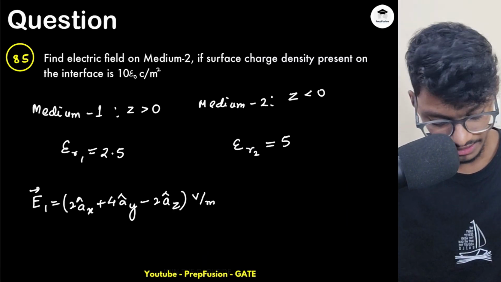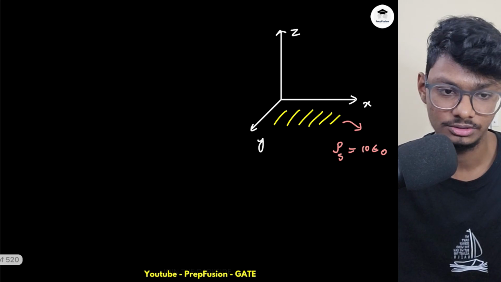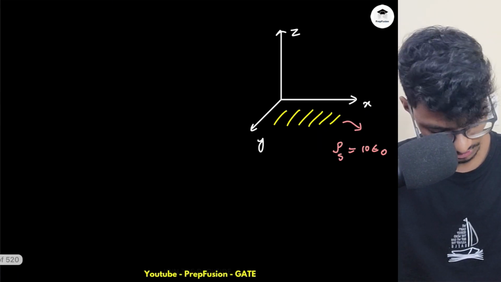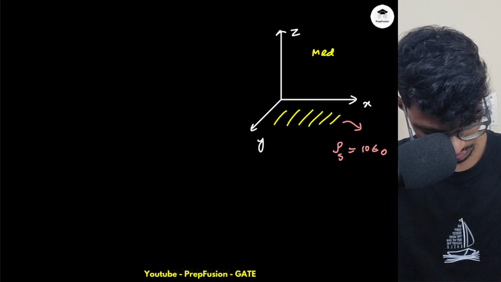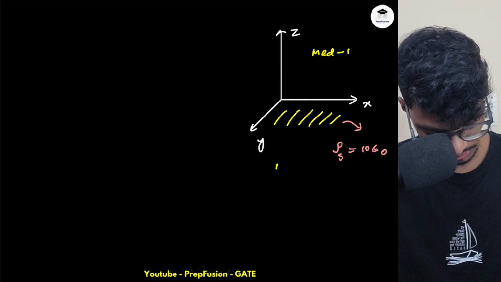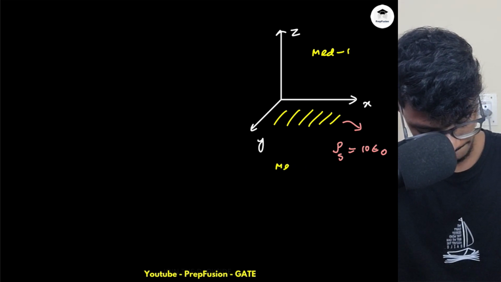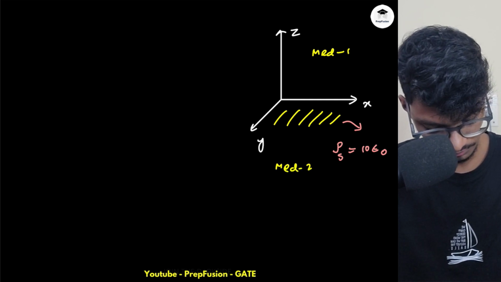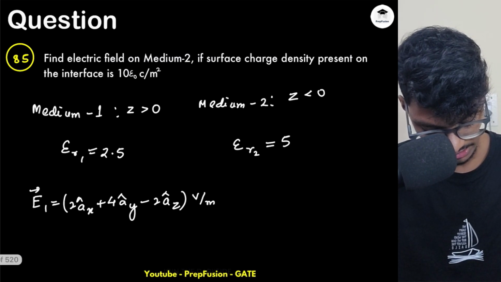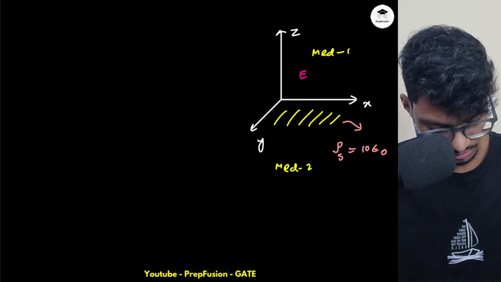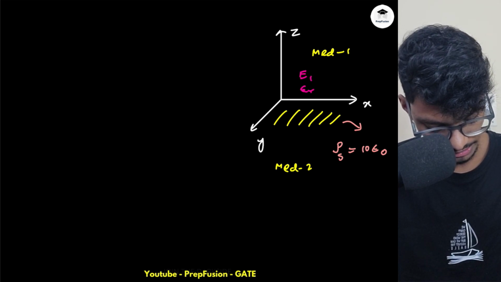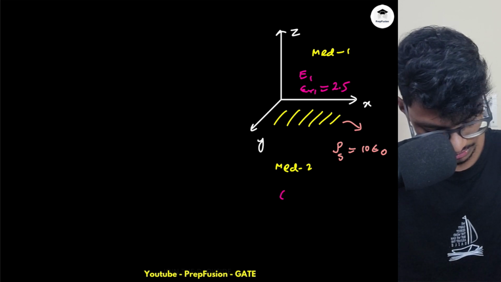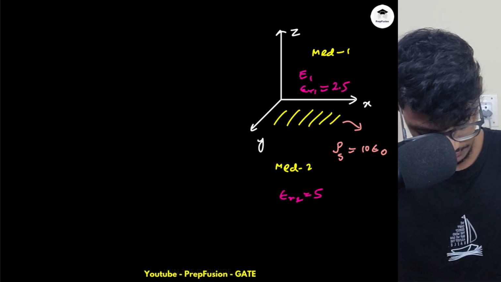Now what I have to do? You just be a bit cautious, and solve it by yourself. z greater than 0 is the medium 1, and this is the medium 2. This is my E1 and epsilon R1 is 2.5, and epsilon R2 is 5.